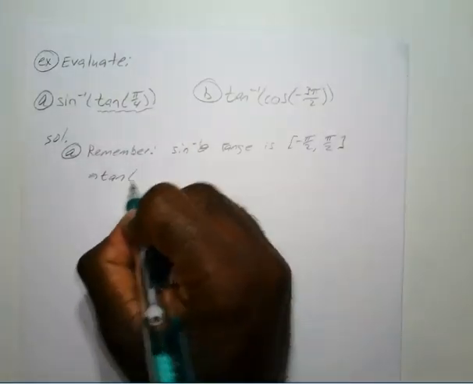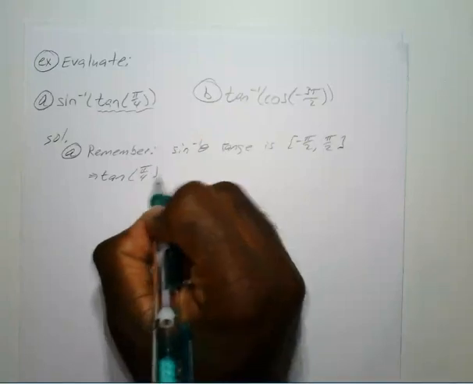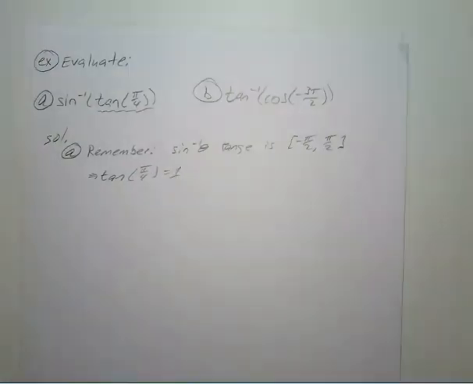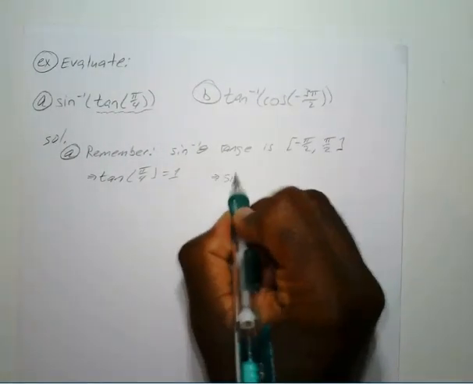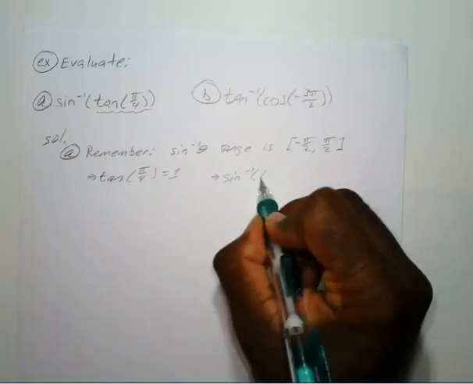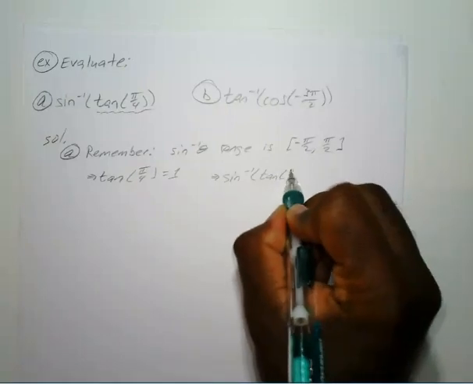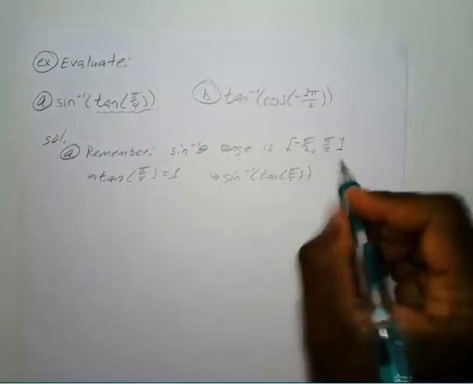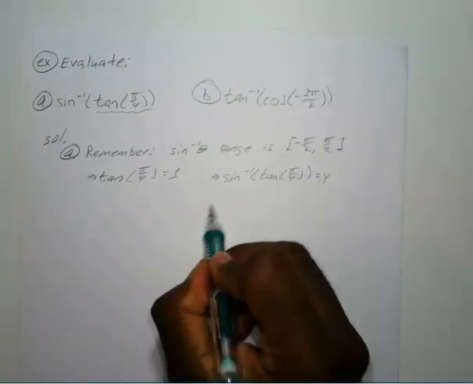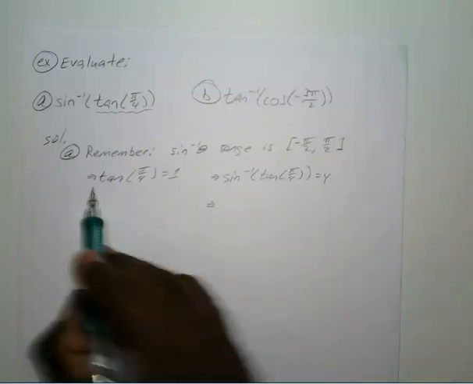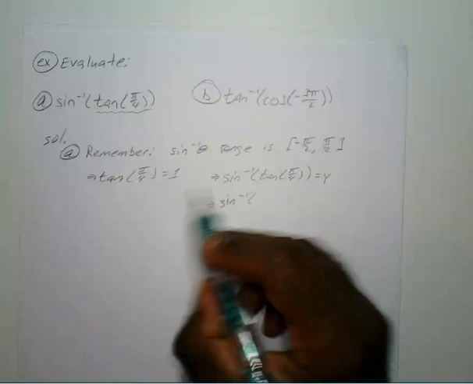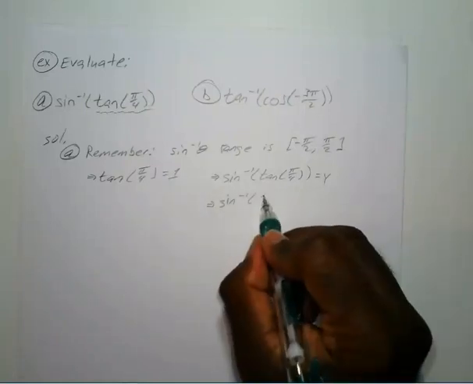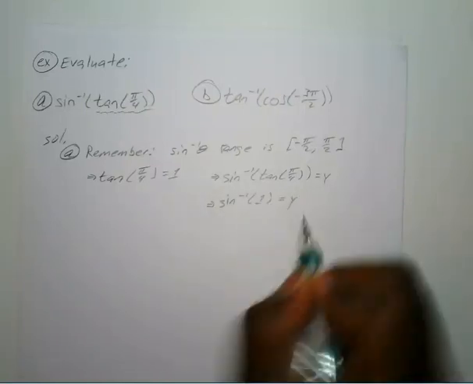we know that tangent of pi over 4 is equal to 1. That means sine inverse of tangent of pi over 4 equals y becomes sine inverse of 1 equals y.